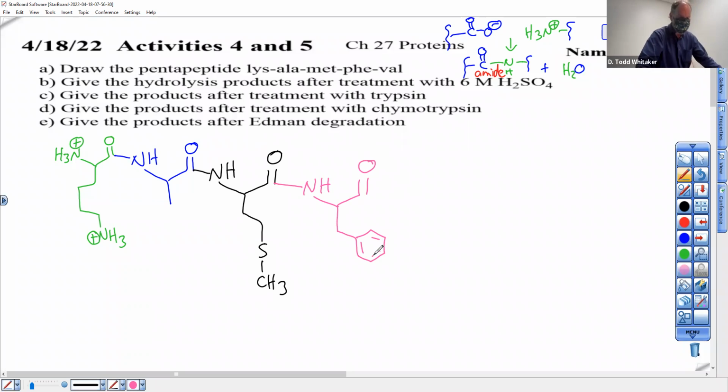If you're naming groups attached down here, 1, 2, 3, 4, we had a 4-ammonium butyl group here. We had a methyl group here. We had an ethyl group with a thioether on the end here. And here's just a benzyl group. I'm not a teacher that makes you memorize those 20 amino acids.